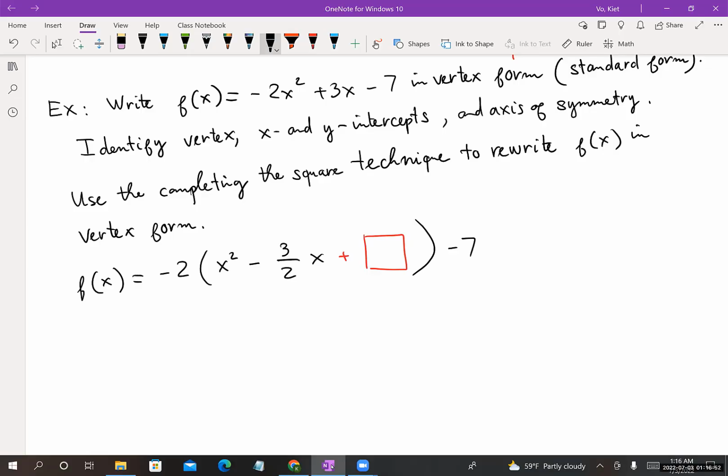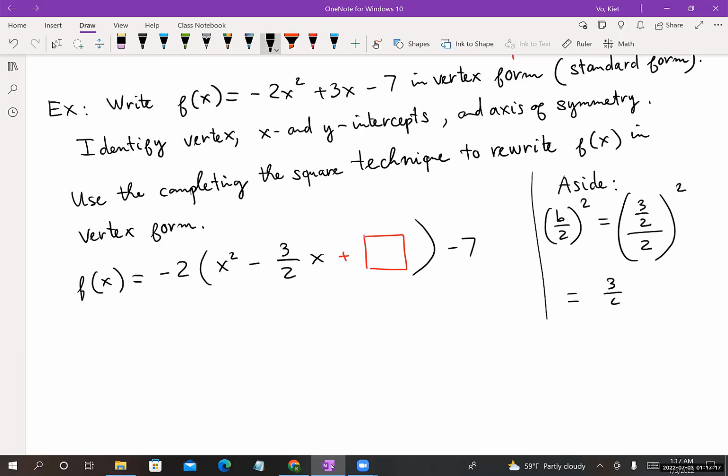If you remember, let me write this as aside work here: you would do b/2, and then square that. So b in this case is 3/2, so it's 3/2 divided by 2, and then you square that expression. That's going to be (3/4) squared, which gives us 9/16.